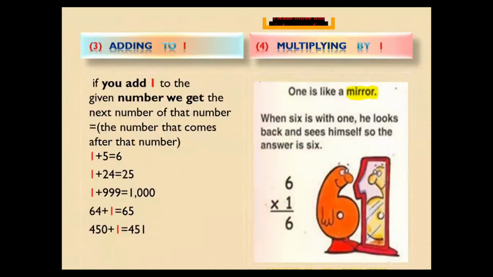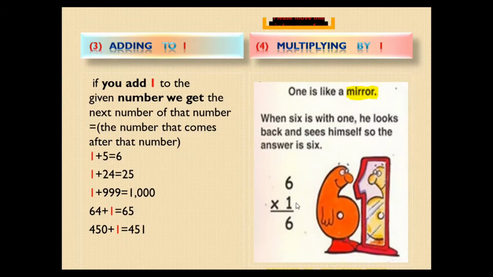So here, number 1 plays a role like a mirror. In this example, I want to get the product of 6 by 1. Here, number 1 plays the role of a mirror. So when 6 meets 1, it looks back and sees itself. So the answer is 6 itself.